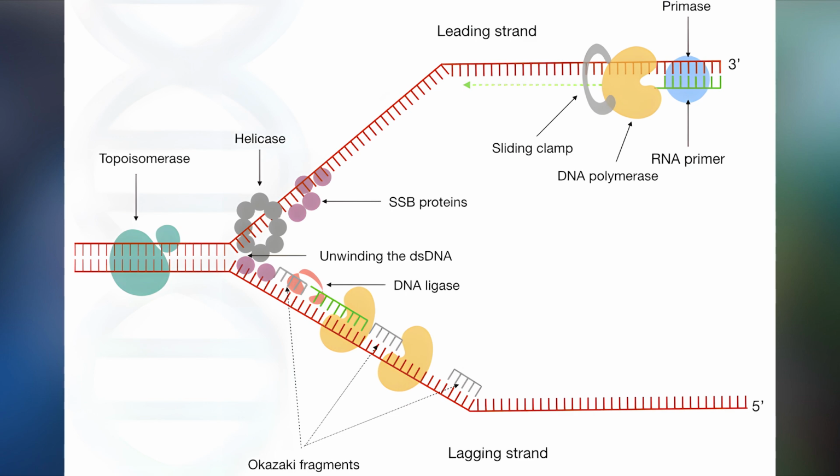What happens next? Well, in this phase, another enzyme, another protein called DNA polymerase, catalyzes the formation of phosphodiester bonds between nucleotides that are being added to the new DNA strands. Remember, we're unzipping the DNA strand, exposing the nitrogenous bases on each of the two strands, and those bases will naturally tend to pair with their complementary base pairs.